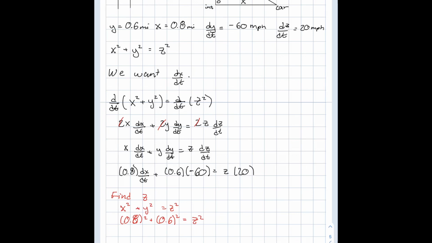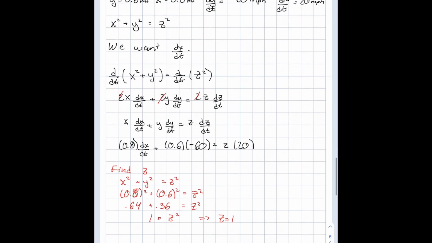So we get 0.64 plus 0.36 equals z squared. Well, that just equals 1. The square root of 1 is z. Pretty cute. Okay.